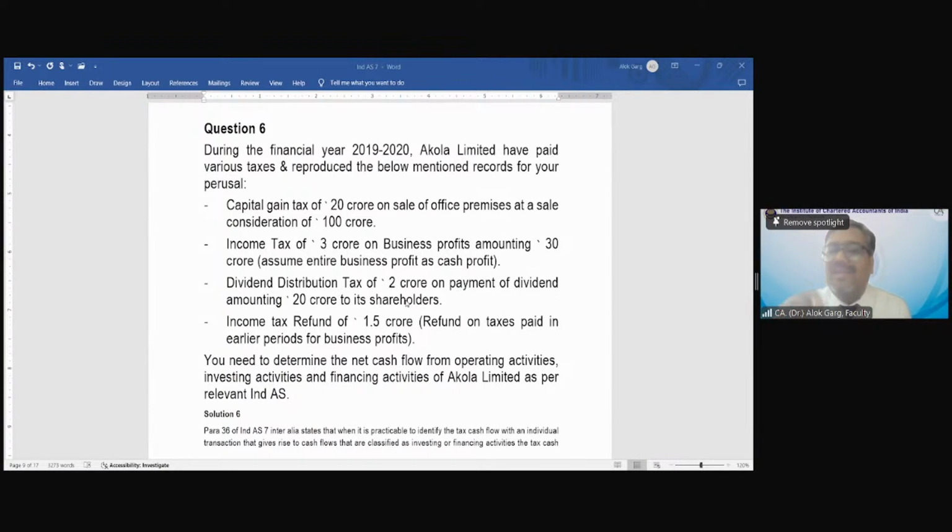The 1.5 crore refund is on operating activity. In that case, you have to reflect your income tax cash flows along with the relevant activities while determining the cash flow from those activities.